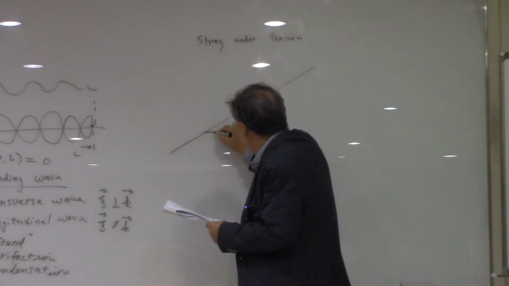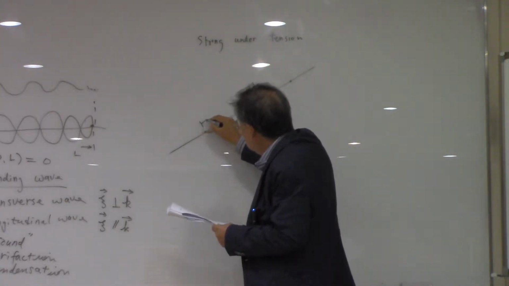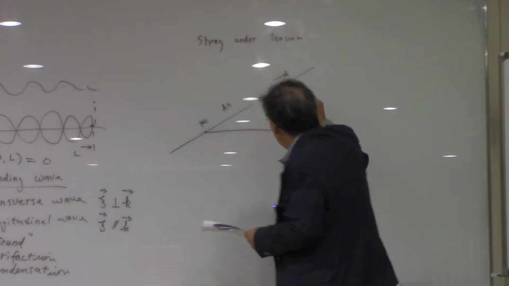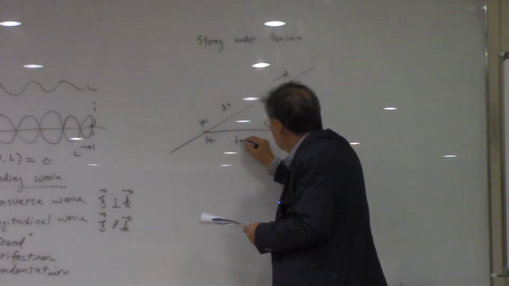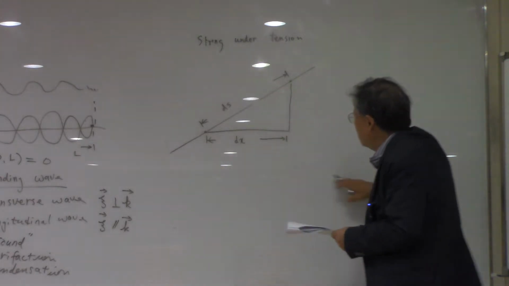And then from these 2 points, the distance is going to be ds, we're going to say. And then this is the distance, it's going to be dx, the distance along the x-axis.